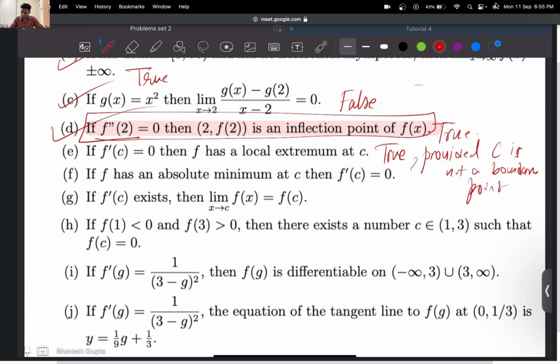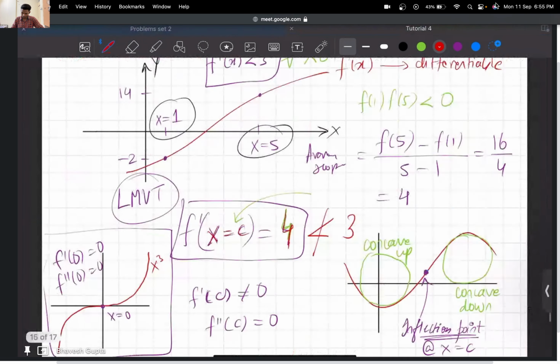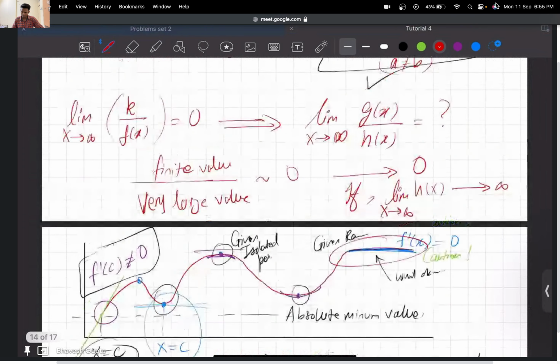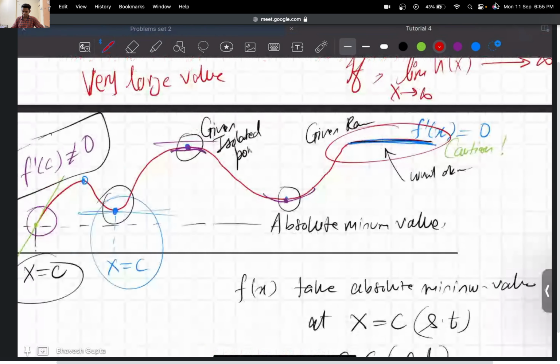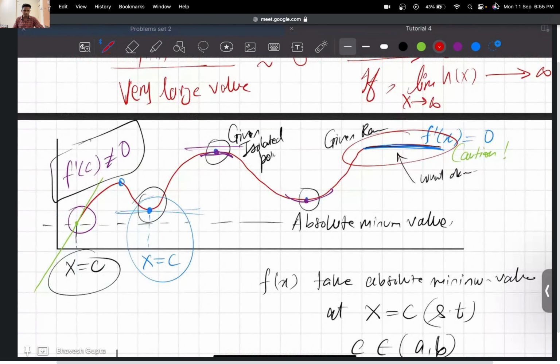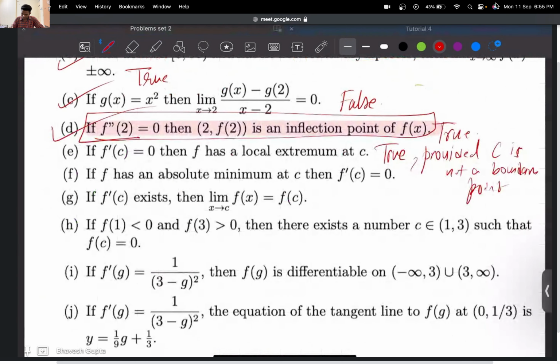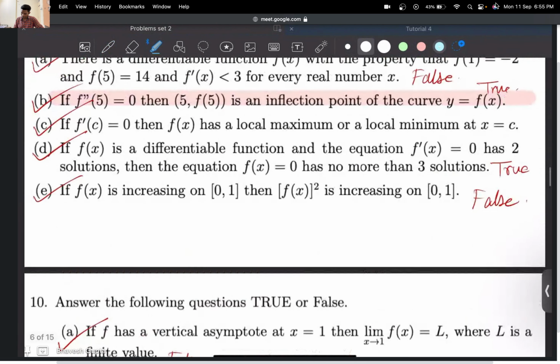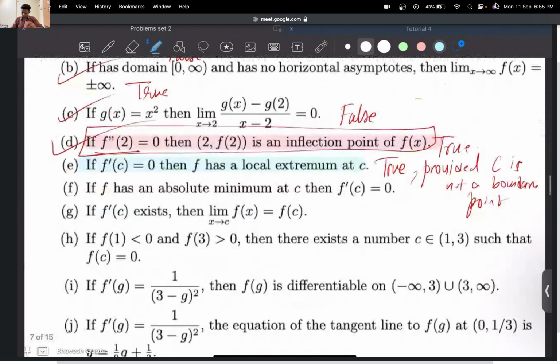We just had a discussion on this over here. You can see from here itself, in this diagram we had the discussion: if C is a boundary point, then you might not have the condition that the first derivative is 0, but still you have this absolute minimum value. So you can see this question is again a repeat of what we did earlier, but instead of C they have just put some other values.